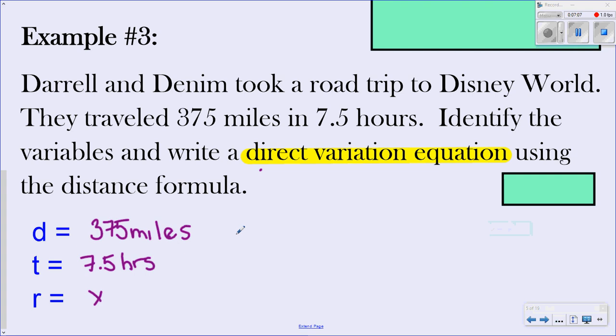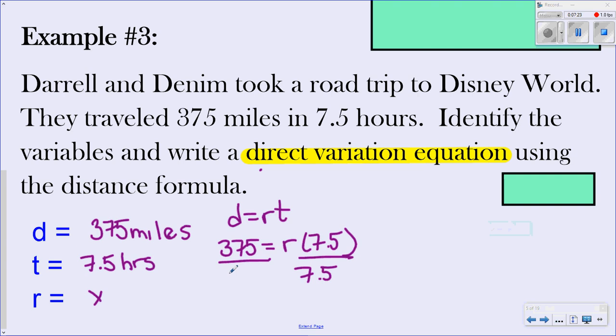So now I'm going to do d equals r times t, plug in the information that they gave me, and then solve for r. That's giving me the constant rate, the constant variation. So my r will equal, if I plug that into the calculator, 50.